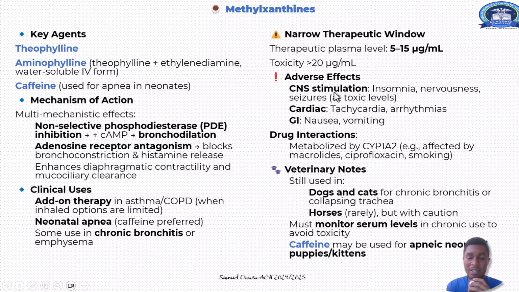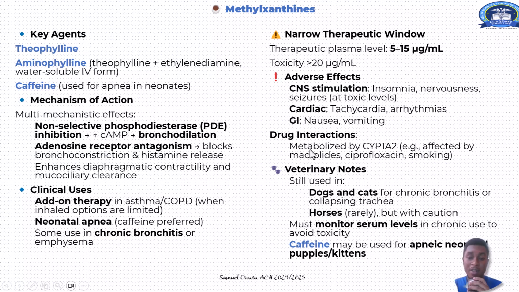The adverse effect is that they tend to stimulate the central nervous system, like I mentioned, because they contain caffeine, and so they will lead to insomnia, nervousness, and seizures. In the cardiac system, we have tachycardia and arrhythmias. They can also cause nausea and vomiting as well.